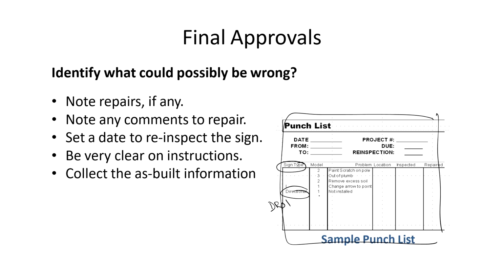Now, the model, that means the series number or the location reference in plan, from the plan drawing, and then writing that it is not installed, or we have to change the alignment, or the paint has scratches on the pole, or it is out of plumb.